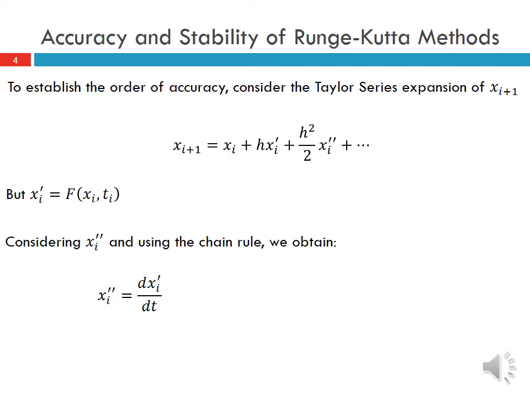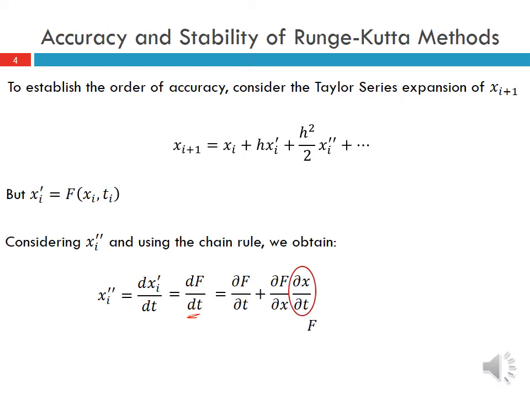So x double prime i is equal to d x_i prime by dt. We know that x_i prime is equal to f, so this is equal to df by dt. We can use the chain rule to differentiate this term, and we get partial f by partial t plus partial f by partial x times partial x by partial t.